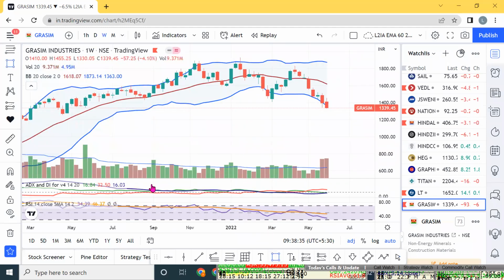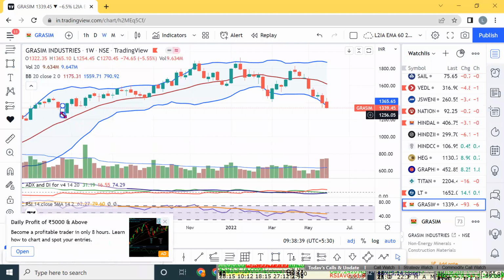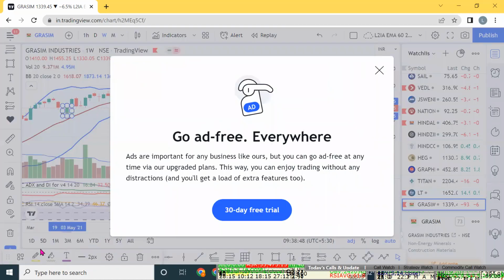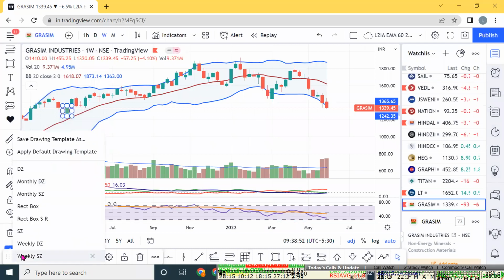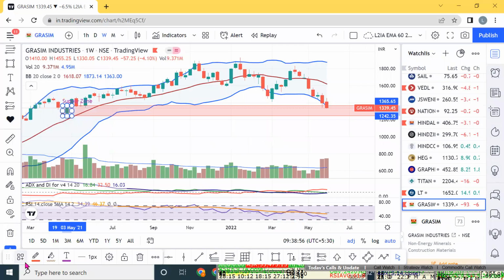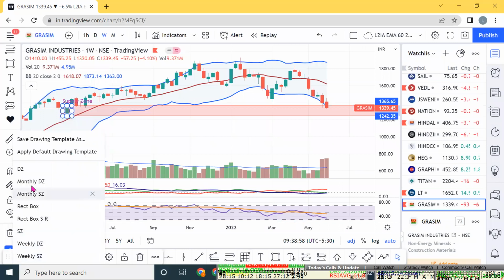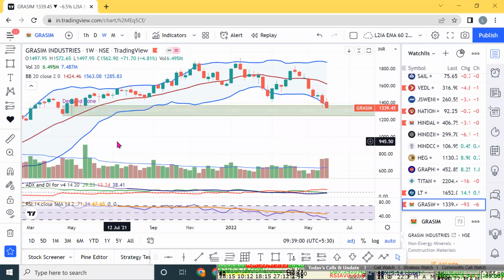I can see a support level over here. So there is a demand zone over here.